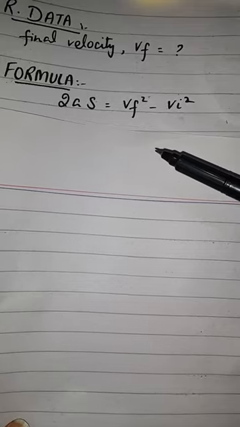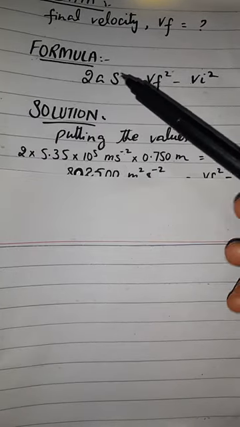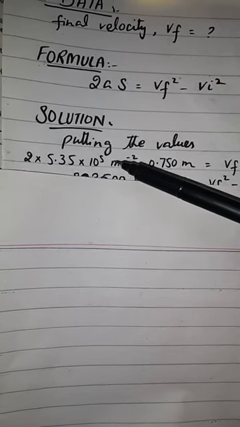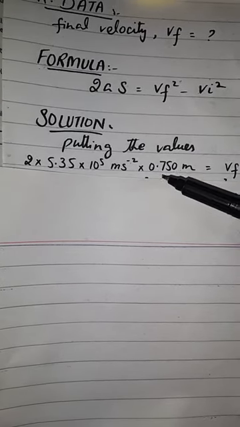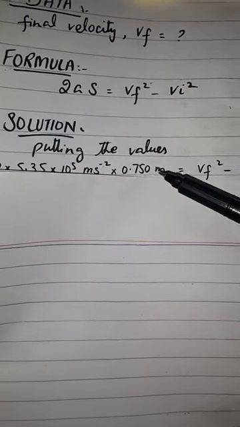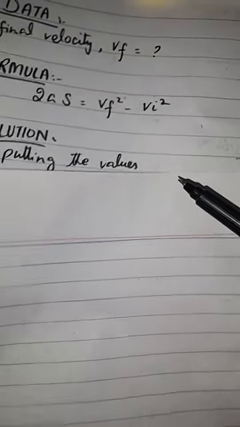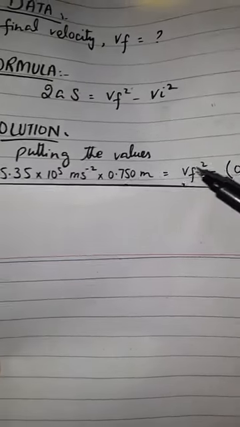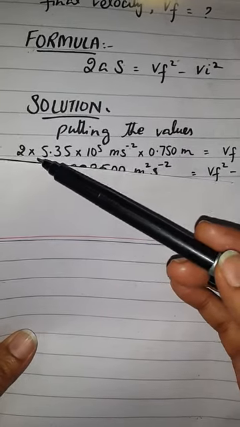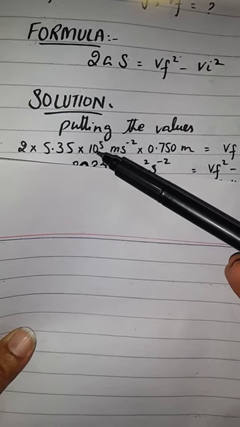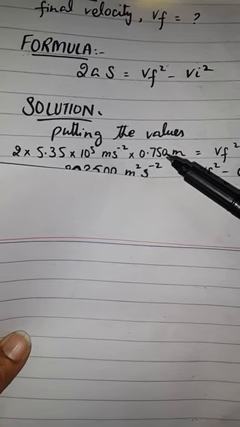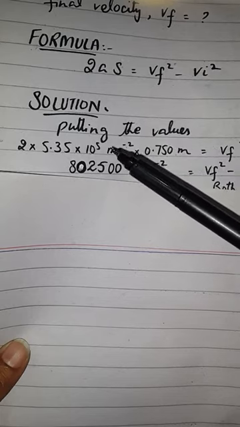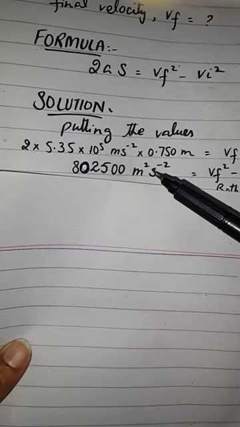By putting their values we get: 2 times A, 5.35 into 10 raised to power 5 meter per second square, times S, 0.750 meter, equals Vf square minus Vi square, where Vi is 0 meter per second whole square. Multiplying all these values, 2, 5.35, 10 raised to power 5 and 0.750, we get 802,500 meter square per second square.